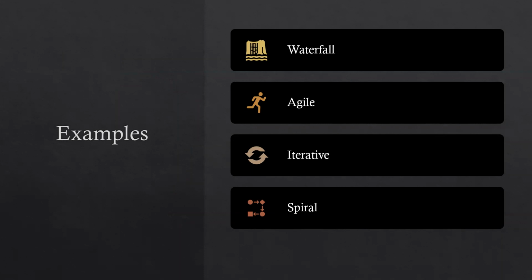Agile is very famous these days. And then we have the iterative model, and also another one called the spiral model. Likewise, there are so many SDLC methodologies available today. These are separate topics to be discussed, because they are really wide topics. I'm not going to go into detail about each of these SDLC models.